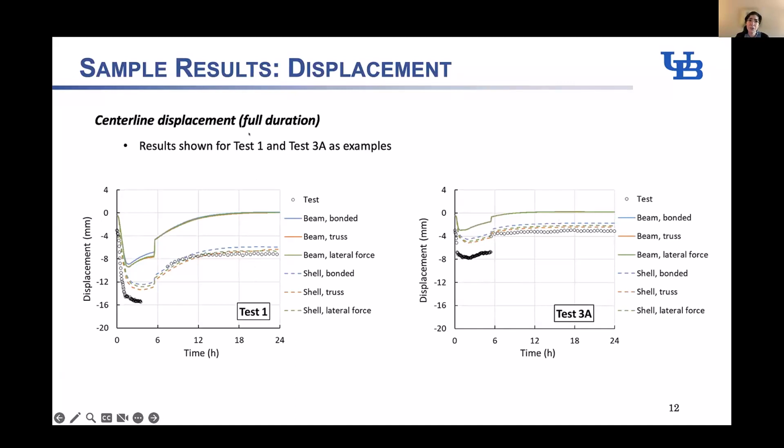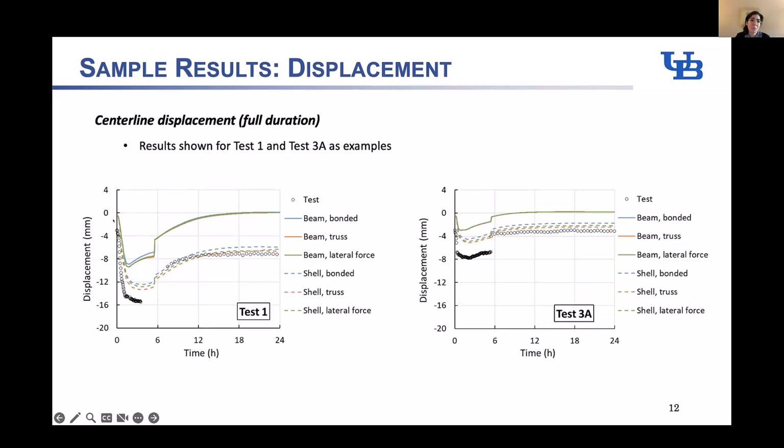Okay, now I want to show you the centerline displacement with the full duration of the fire, including cooling. So it goes up to 24 hours. I am also not zeroing the displacement at ambient. So you see that's one thing, the model has a few millimeters of difference. Basically the model is stiffer than what the slab actually experienced at ambient before the fire started.